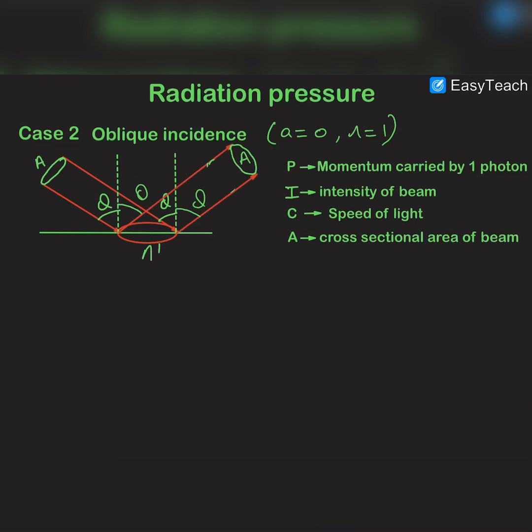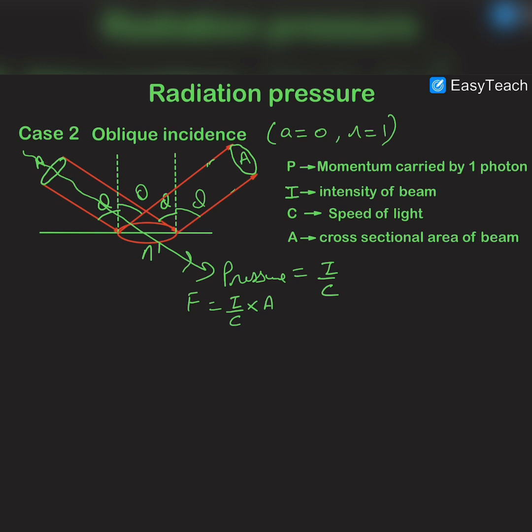Now in this case, the photons are completely reflected back, and none of them is absorbed, so you can see that the beam is coming like that and it is reflected like that. So the radiation pressure in this direction, P, I am writing down, is I by C, and obviously the force acting in this direction, F, will be equal to the pressure I by C into the beam area.